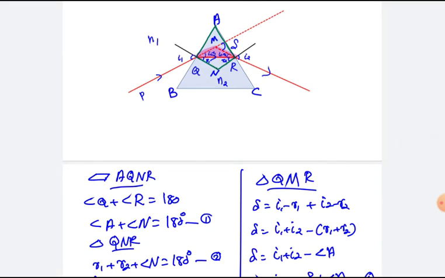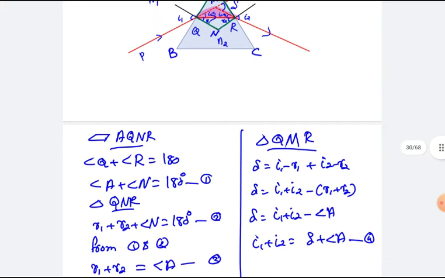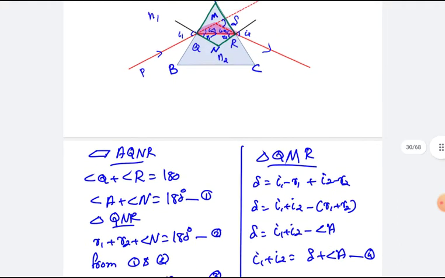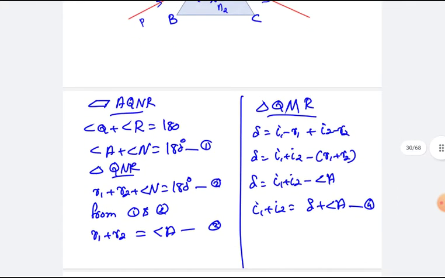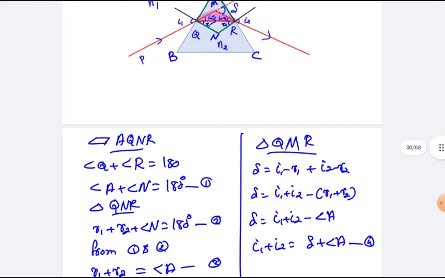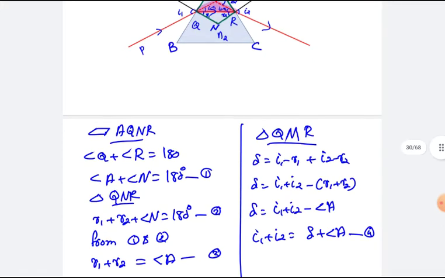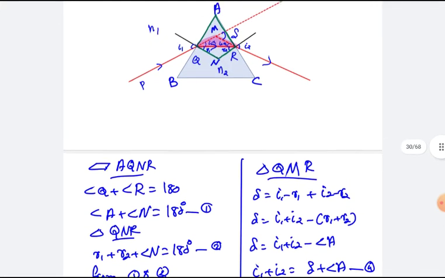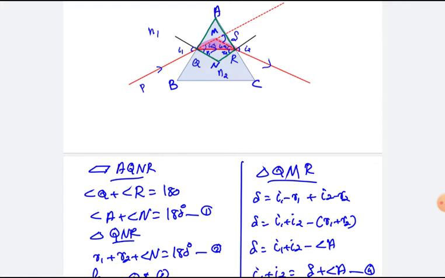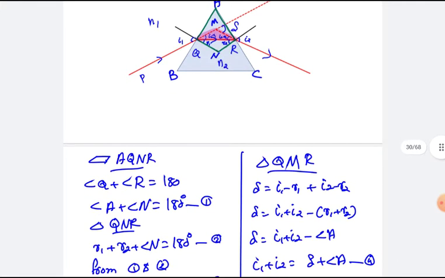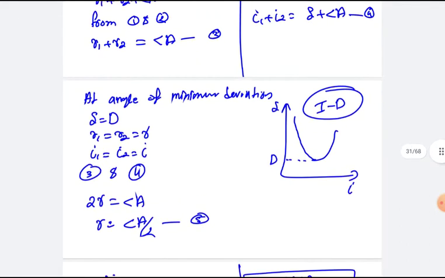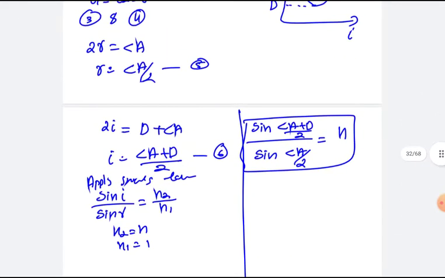In triangle QNR, r1 plus r2 plus angle N is equal to 180. From 1 and 2, r1 plus r2 is equal to angle A. And in triangle QMR, i1 minus r1 plus i2 minus r2. And the next step, i1 plus i2 minus r1 plus r2. At last, we'll get this formula.